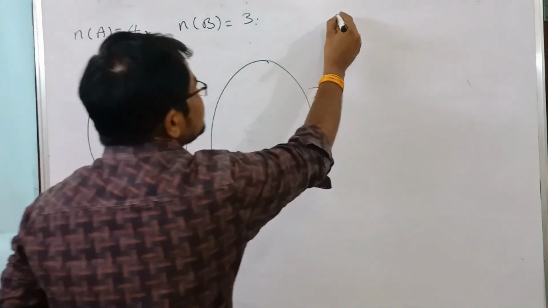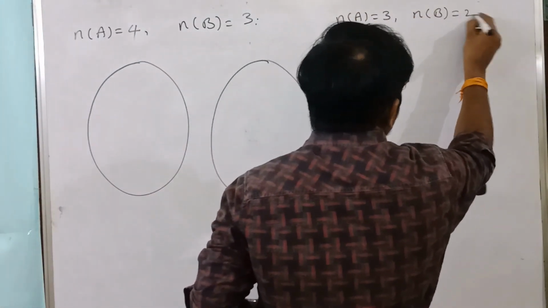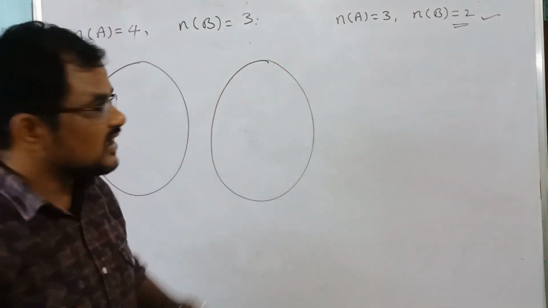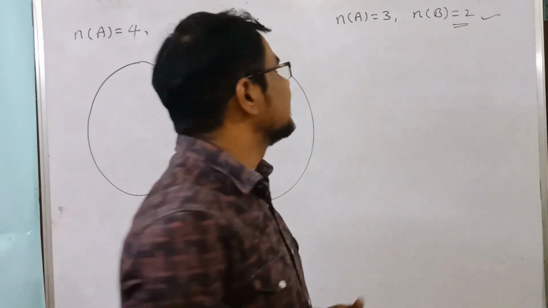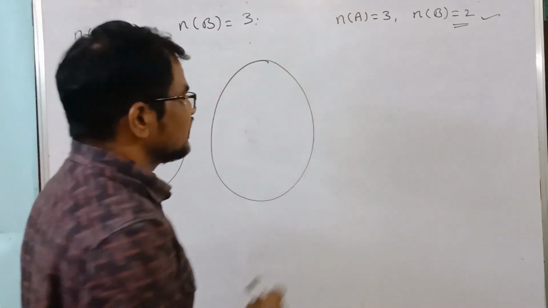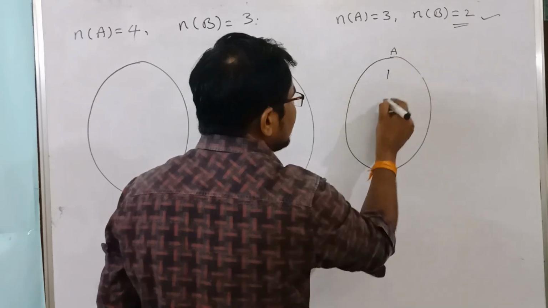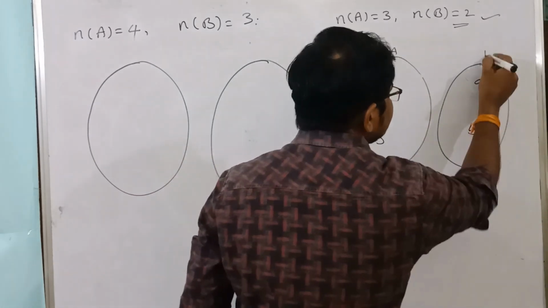In the previous case, n(A) = 3 and n(B) = 2, I will give one more method. By the verbal description, the number of into functions is 2. Listen carefully: how do we get it by the inclusion and exclusion principle? Here A has 1, 2, 3 and B has a and b.